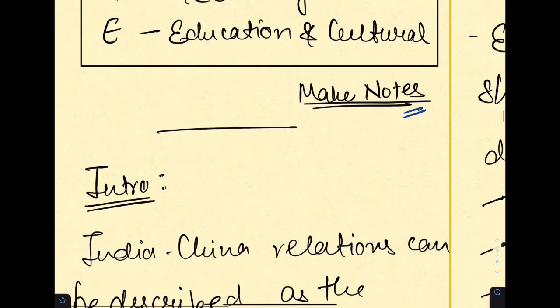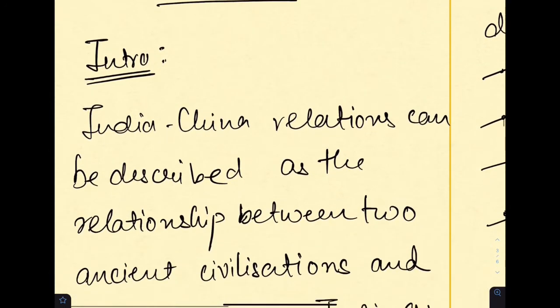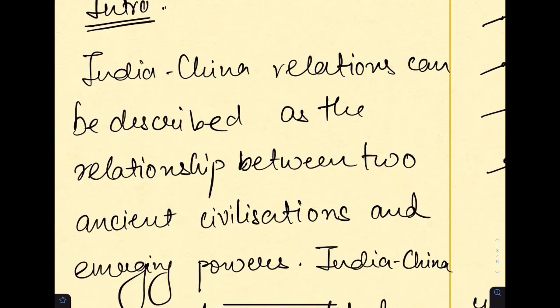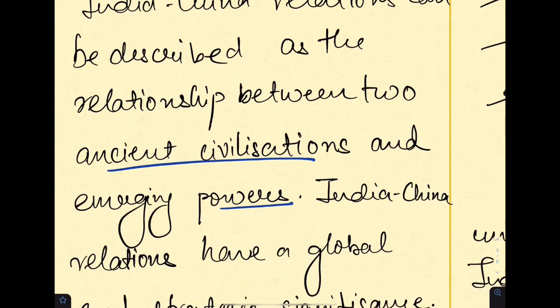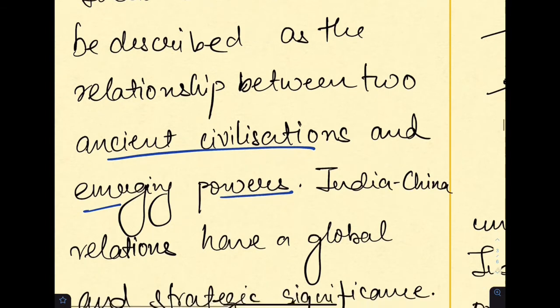So what I have done is I've made one introduction: India-China relations can be described as the relationship between two ancient civilizations and emerging powers. For this, if you see, I have talked about the past as well as the future in the same line. So I am looking at the past and at the future at the same time.